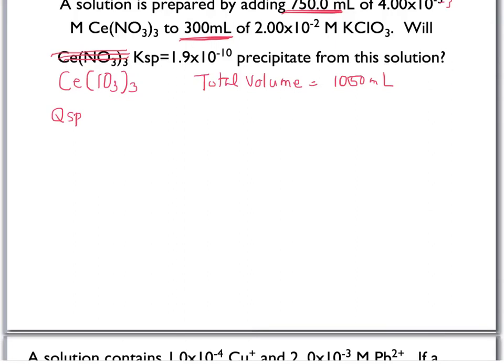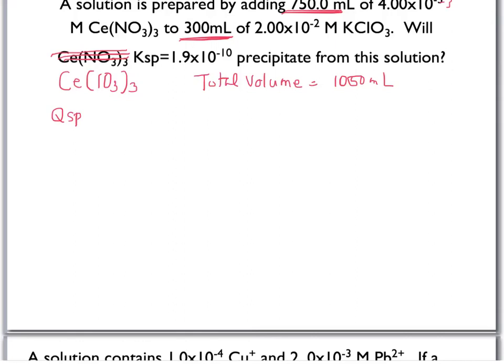So let's do the dissolution reaction for cerium iodate, and then we can find the QSP equilibrium reaction. And then we have to calculate the molarity of the cerium and the iodate in solution. Lots of steps. So here goes.